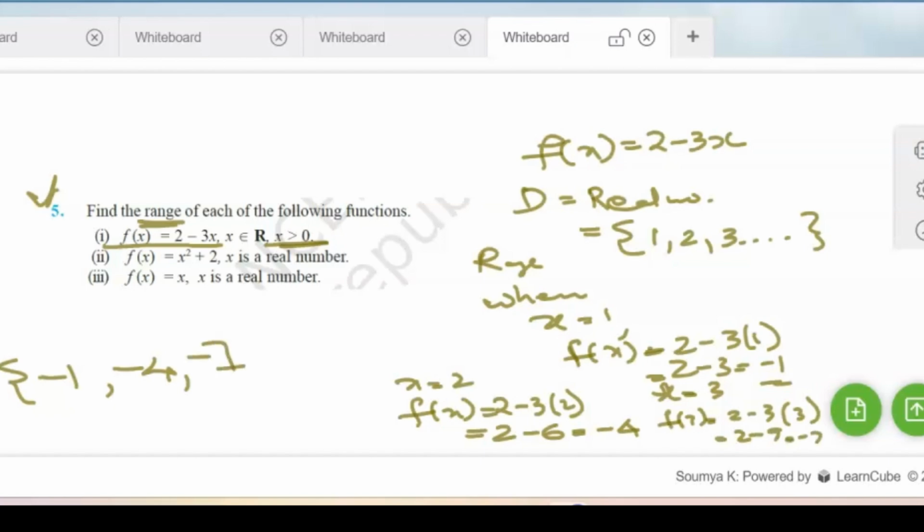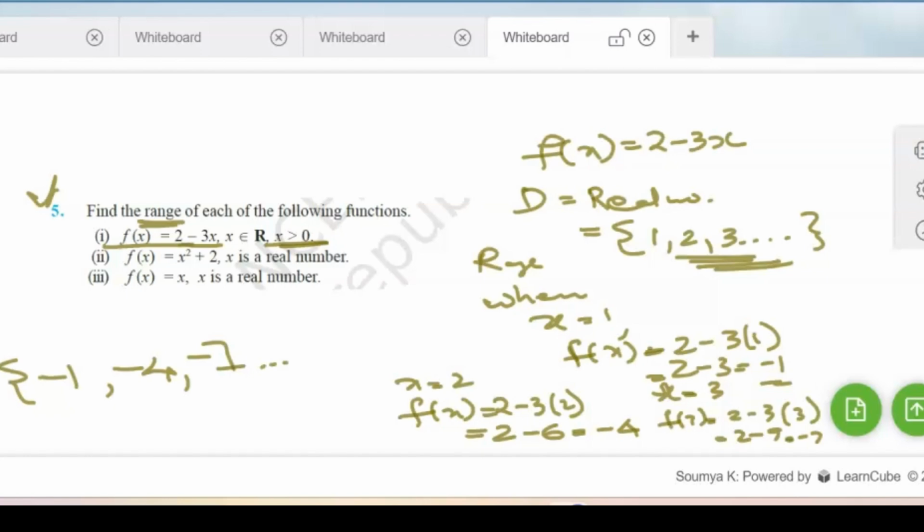So similarly, you will get the values this way. So these are the values for all the values which are available here. All the negative values are there. Now consider if you have 0 as the value, though it is greater than 0 given here, consider it is 0.